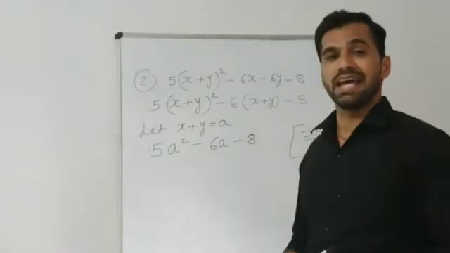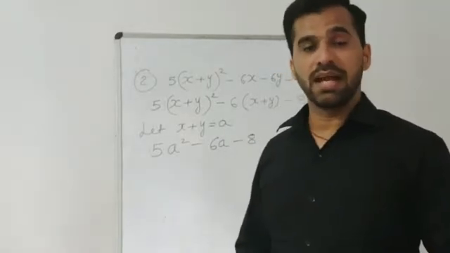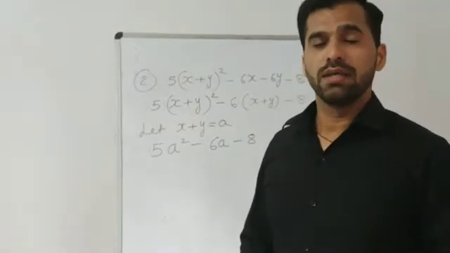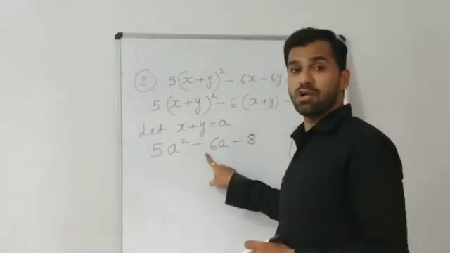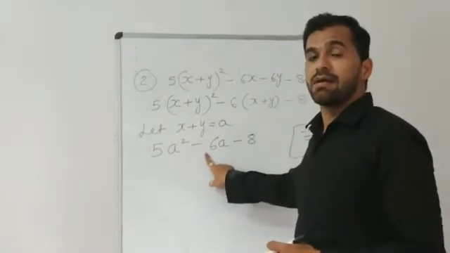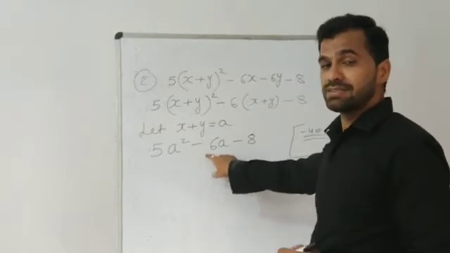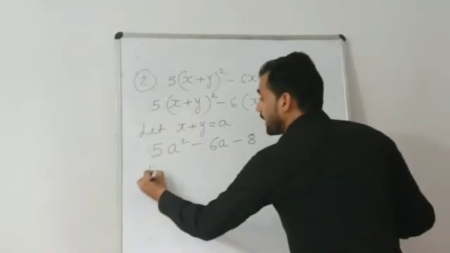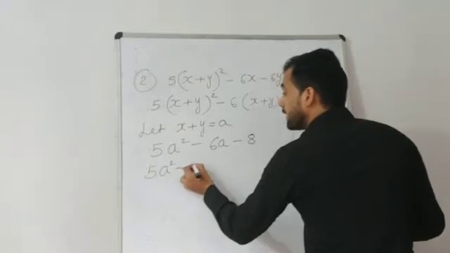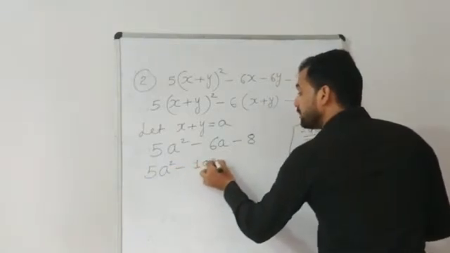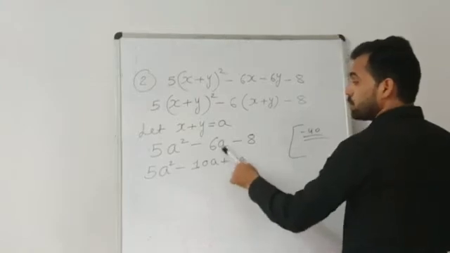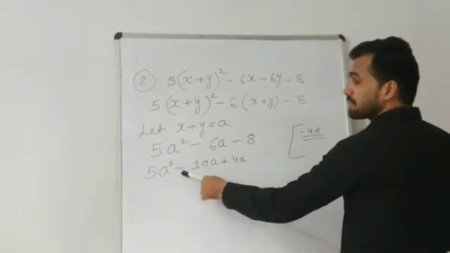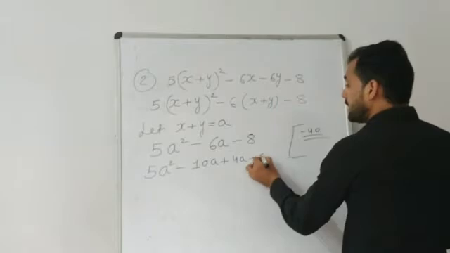We know that 10 minus 4 is 6 and 10 fours are 40. So we will take 5a square minus 10a plus 4a, because minus 10 plus 4 is minus 6. Minus 8 as it is.